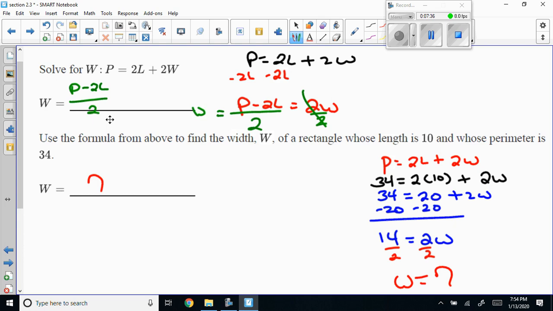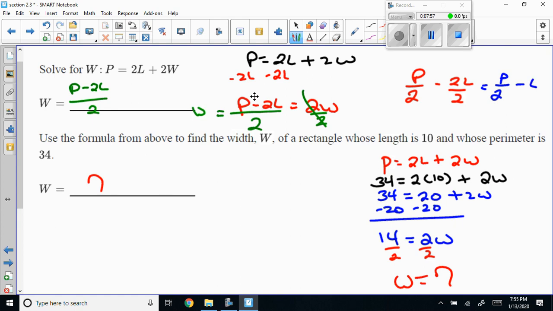You bring up a good point. So this is really, so I could write it like this, right? P over 2 minus L, if I wanted to, right?